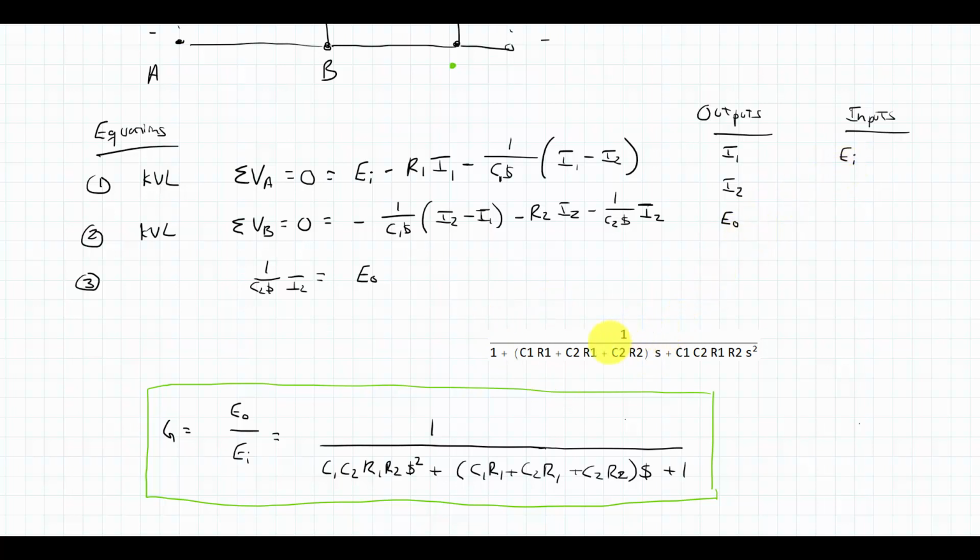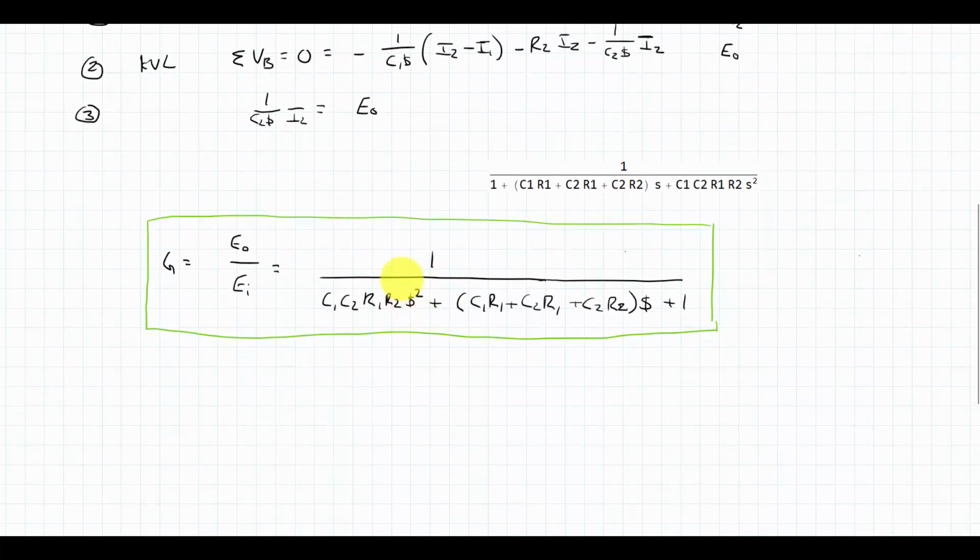So I got that expression and then rewrote it so that I have it in my standard form here. I have just a 1 on top, and I have descending powers of S in the denominator with the parameters and the coefficients spelled out here with the two given capacitances C1, C2, and the two resistances R1 and R2.